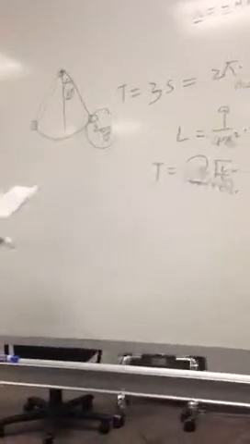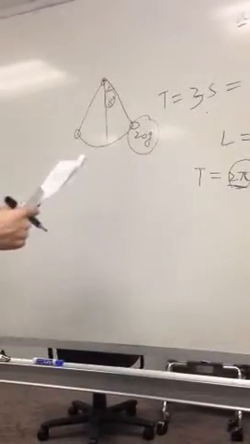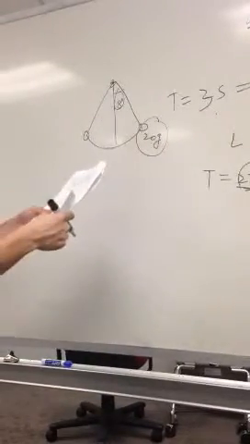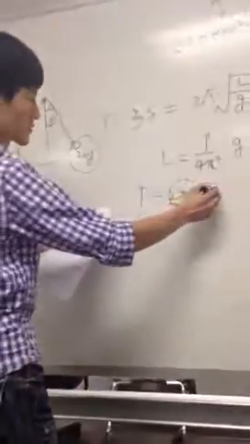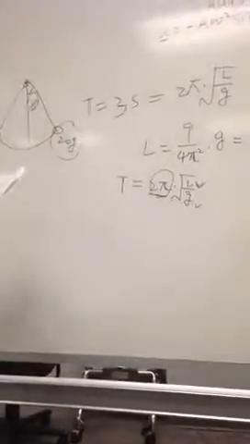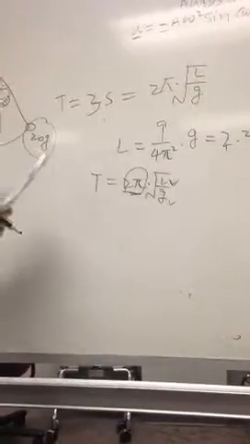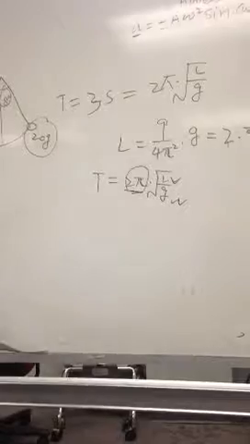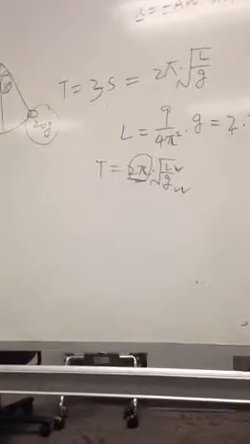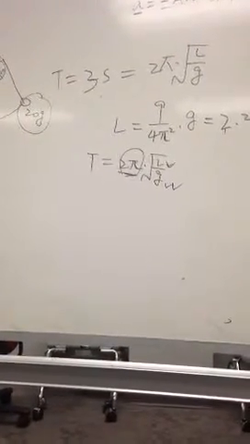No, because we don't even need to use the mass here. And then D, depend on the length? Yes, because the length is here. And E, depend on the acceleration due to gravity? Yes, because of this G here, okay? So those are conceptual questions.